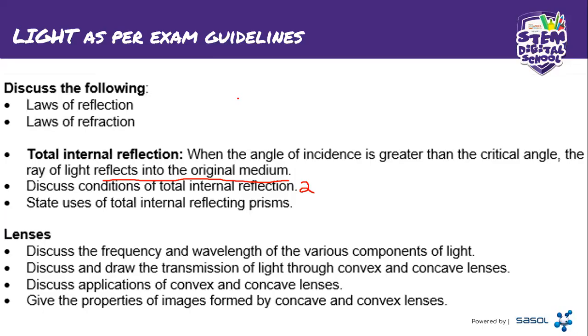It says there is a relationship between the angle of incidence and the angle of refraction when the light ray passes through the boundary between the two media. Secondly, it says the incident ray, the normal, and the refracted ray all lie on the same plane. So just a refresher there.